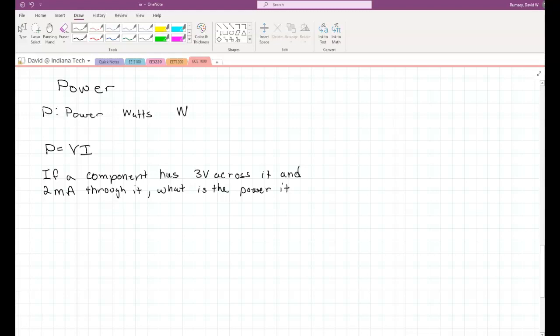In this case I'll say it's dissipating. I need to give you more information to know whether it's dissipating or generating power, but in this case I'll just tell you that's what it's doing.